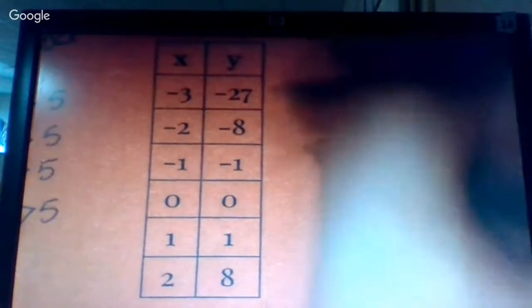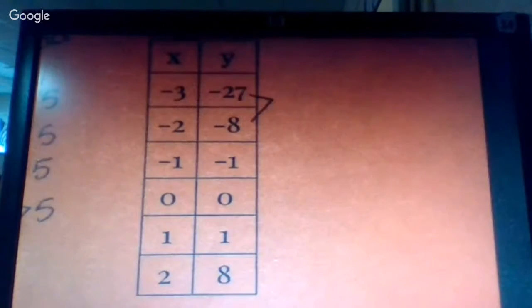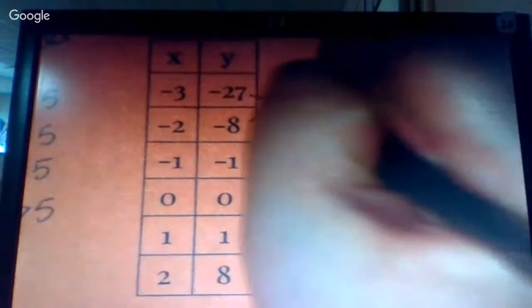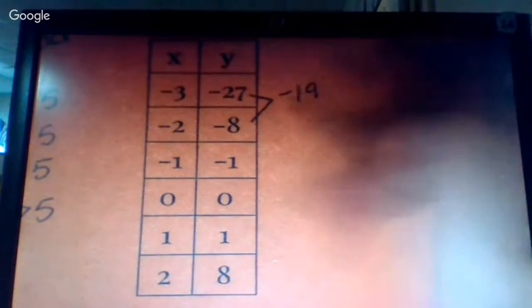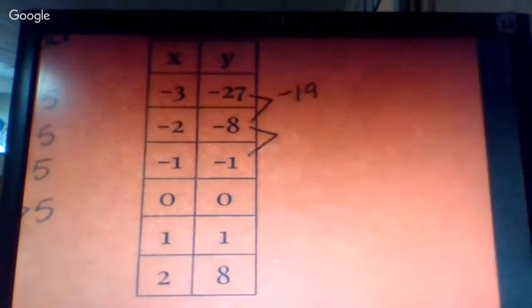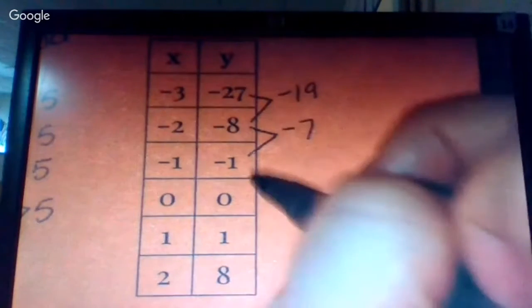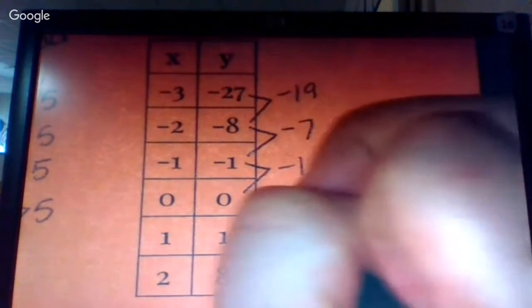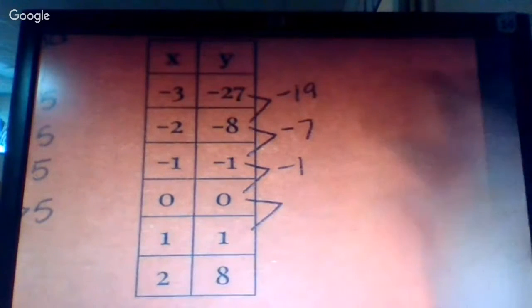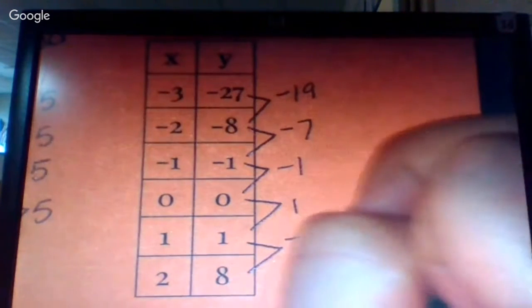What is negative 27 minus negative 8? Negative 19. Negative 8 minus negative 1 is negative 7. Negative 1 minus 0 is negative 1. 0 minus 1 is negative 1. 1 minus 8 is negative 7.